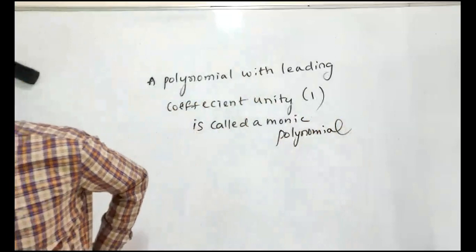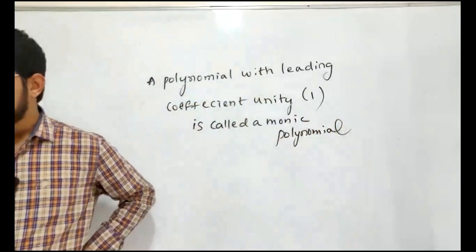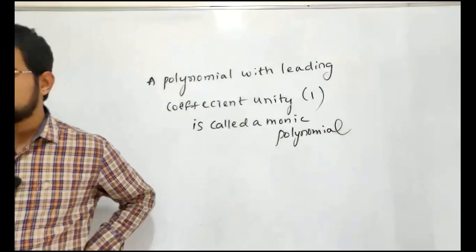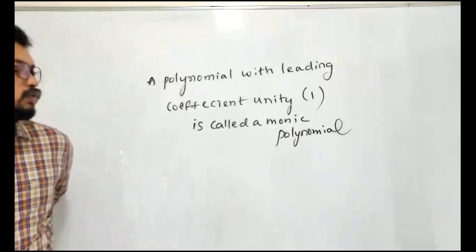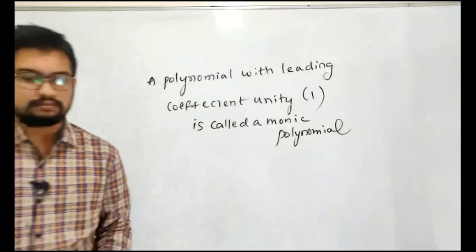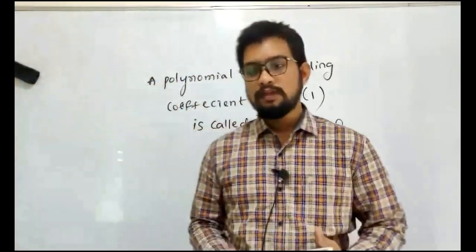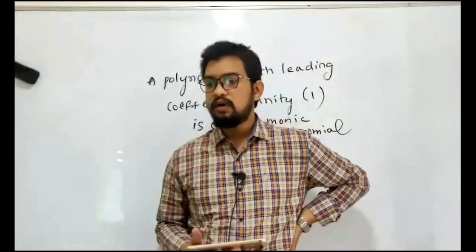Please write this down. A polynomial with leading coefficient 1 is called a monic polynomial.